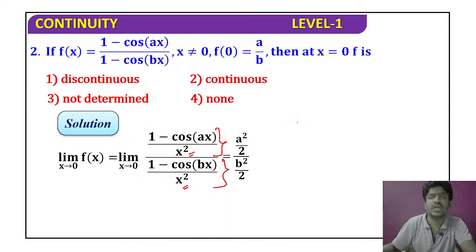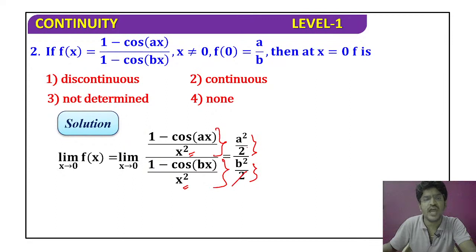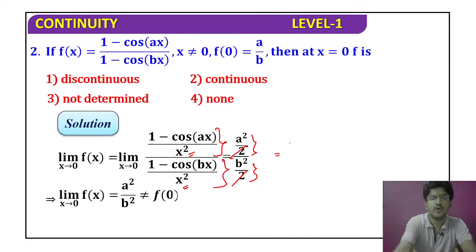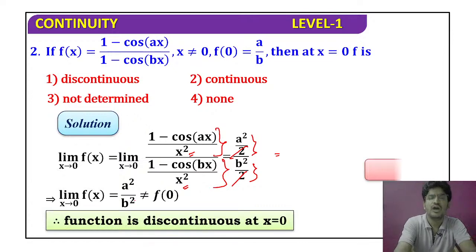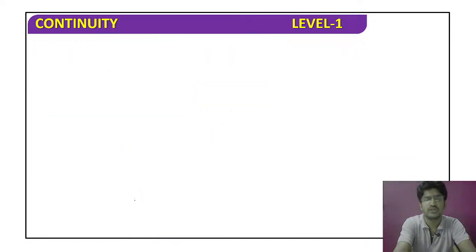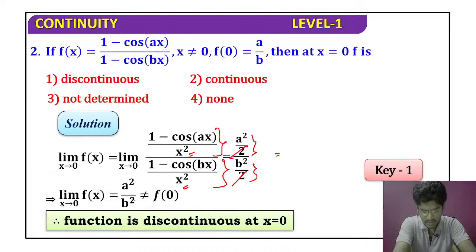That is going to be a square by 2 divided by b square by 2. So where 2 and 2 get cancelled, the output will be a square by b square, which is not equal to f of 0. Therefore the function is discontinuous at x equal to 0, and your answer is going to be option 1.